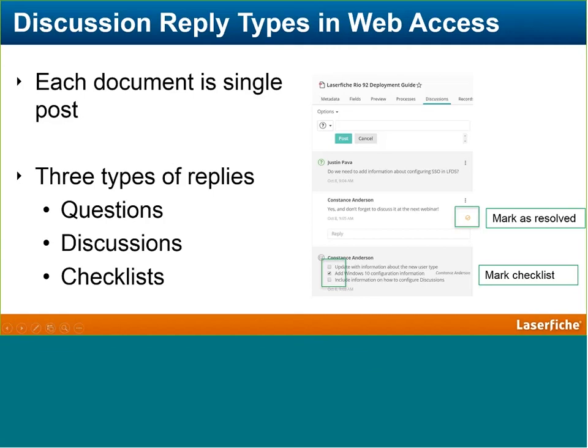The original poster can mark a reply as the correct answer, as Justin has done here for Connie's response. The discussions will be more of a free-flow conversation thread, and your checklists will allow you to create a task list that both you and others can check off, and you'll notice that it also lists exactly who checked off a specific item, as will be shown here.